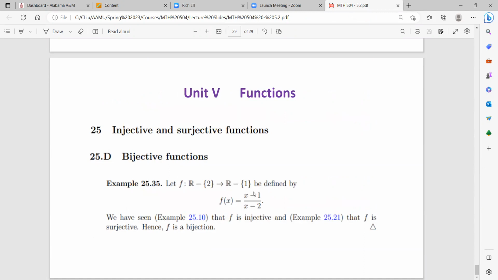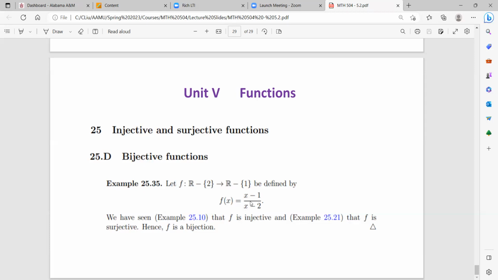The last example is f of x equal to (x minus 1)/(x minus 2), defined from R minus the set containing 2 to the set R minus the number 1. We discussed this function also before, and we showed that it was injective, and we then showed that it was also surjective. So this function is also bijective, or a bijection.